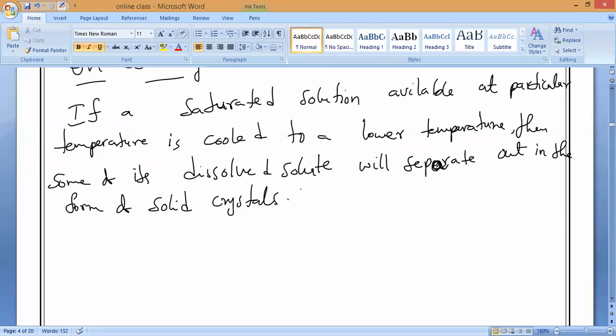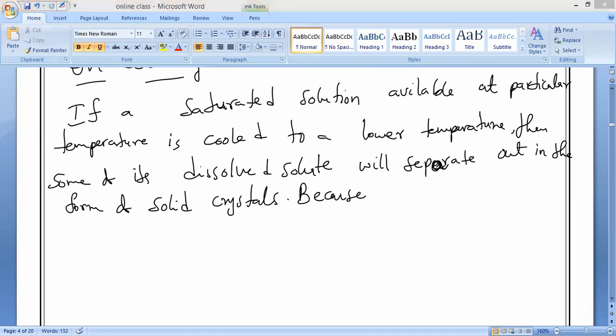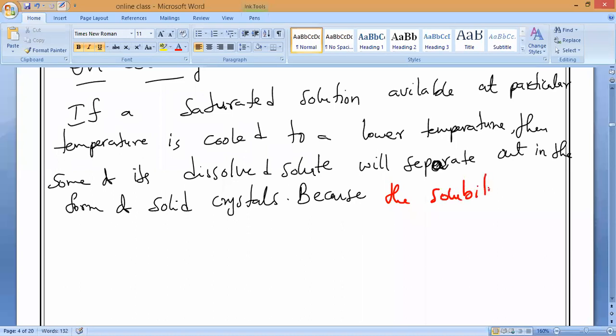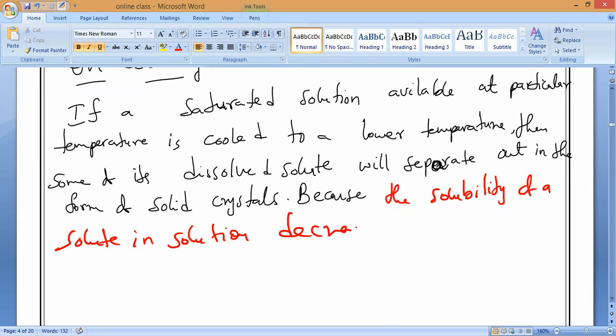What is the reason behind this? Because the solubility of a solute in solution decreases on cooling.